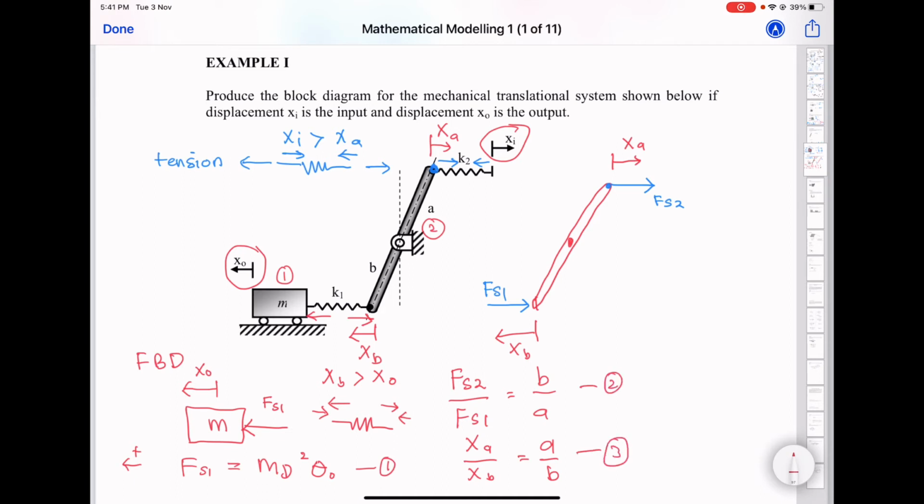Then next, we write the equation for spring 1 and spring 2. Fs1 is equal to K1 times (XB minus X0). Then for Fs2, the equation is K2 times (Xi minus Xa).